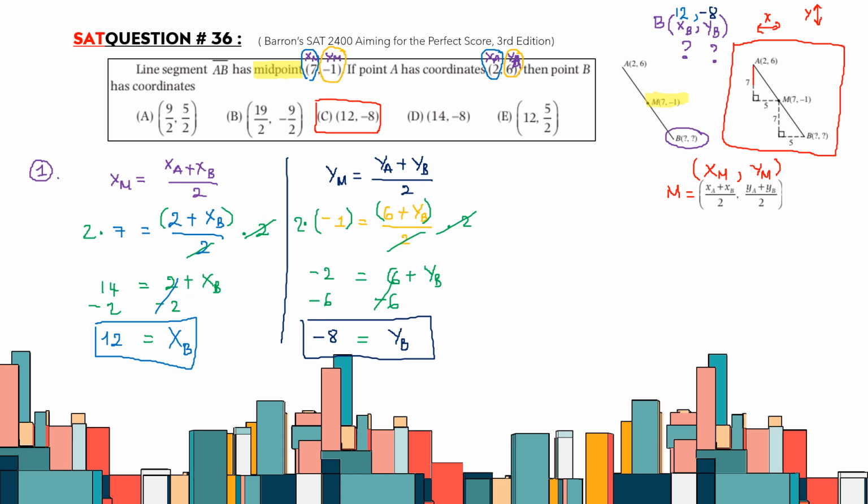So vertically is the y value. From A, from 6 right here, they move down to negative 1. In between 6 and negative 1, that's 7 units. So from M, they will go down 7 units. From negative 1, go down 7 units.